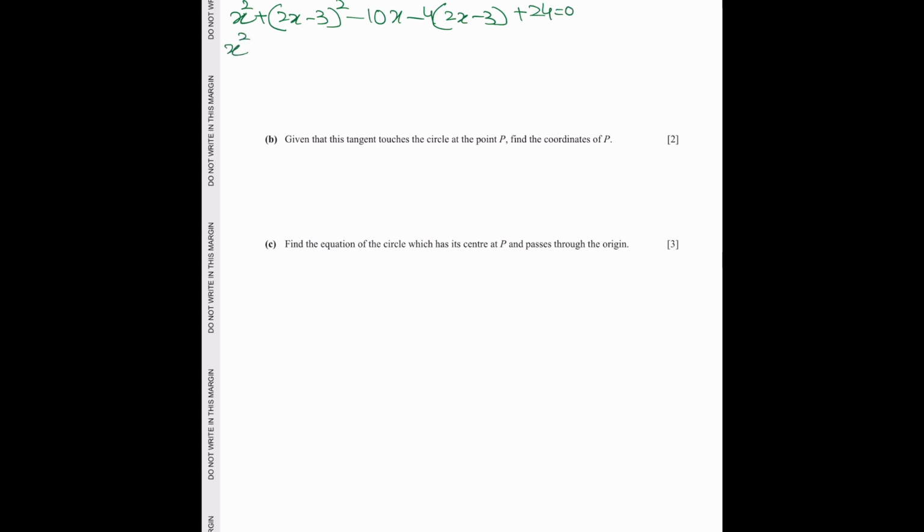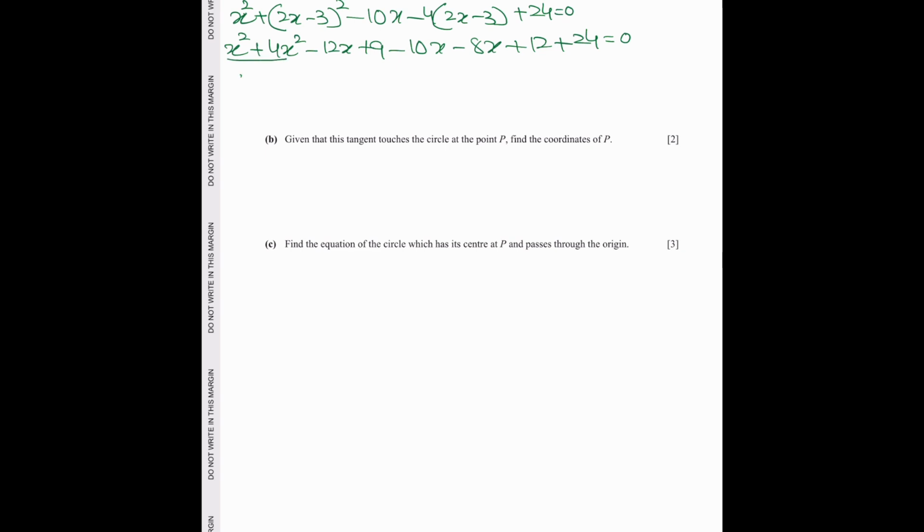So x square plus 4x square minus 12x plus 9 minus 10x minus 8x plus 12 plus 24 equals 0.